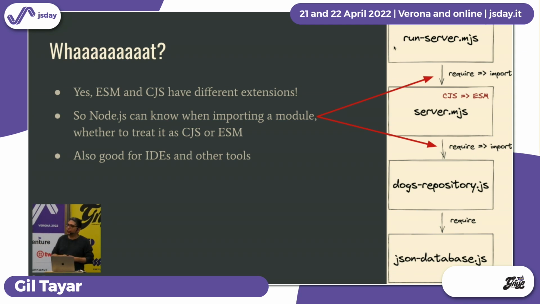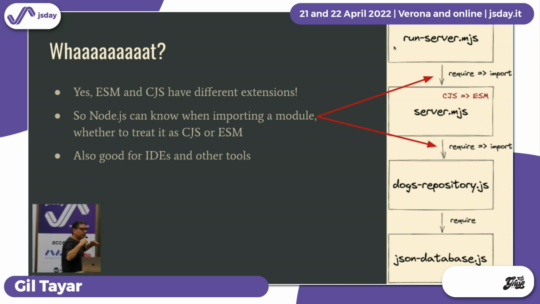But why did they choose having a different extension for ESM files? It's interesting and subtle. Notice server.mjs. It's importing docs repository, which is CJS, right? So I'm using import to import a CJS. While run server is importing server, both are using import, but one is importing ESM, one is importing CJS.